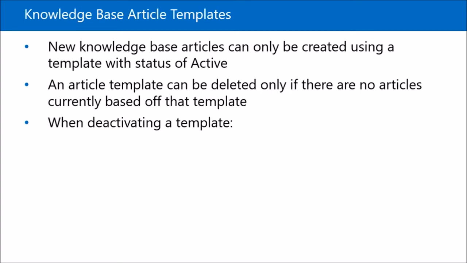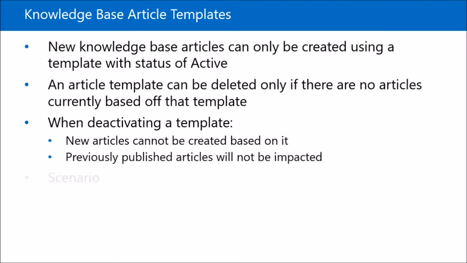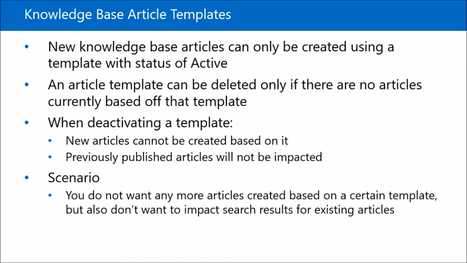When deactivating a template, new articles cannot be created based on it, and previous published articles will not be impacted by the deactivation. So if you think about a scenario, you do not want any more knowledge-based articles created from a certain outdated template. However, you also don't want anything to impact the search results for existing articles that have been associated with that template. What do you do? You deactivate it and it's done.